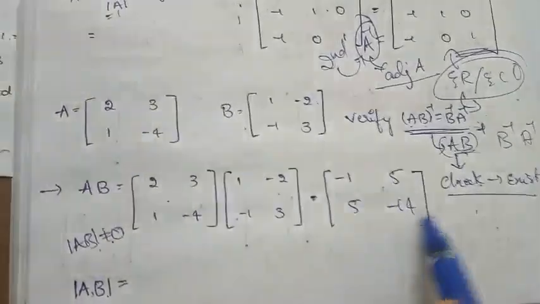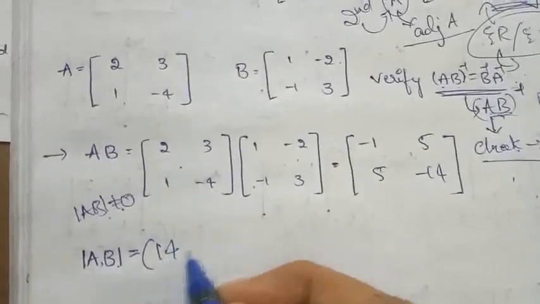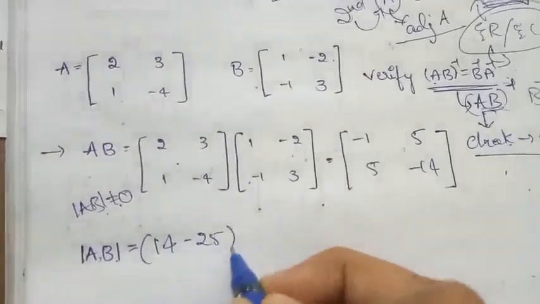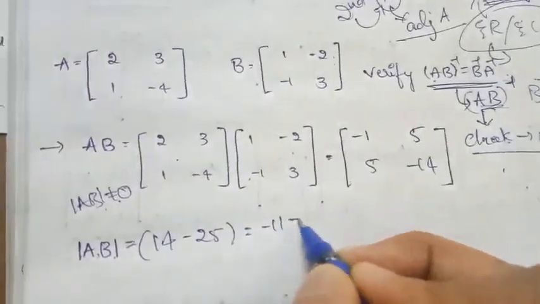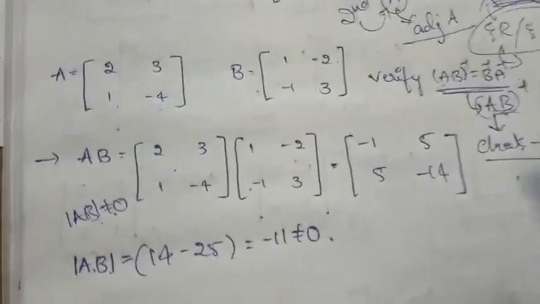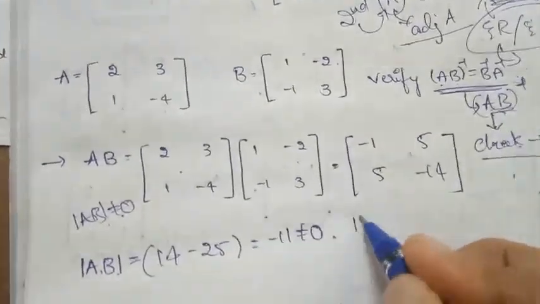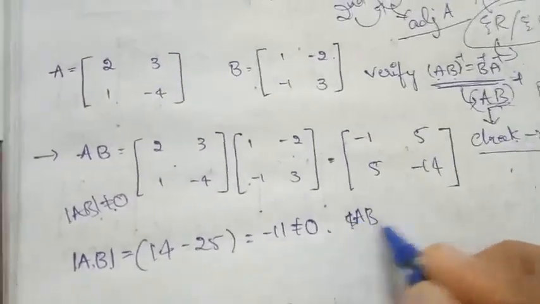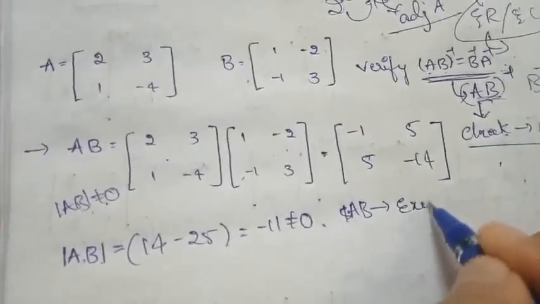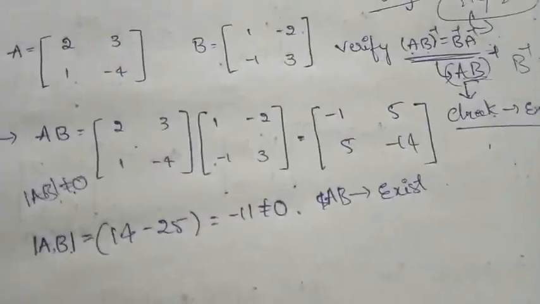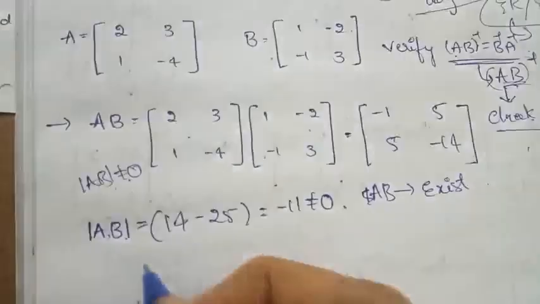So let us find the determinant value. That is 14 minus 25, which is equal to minus 11, which is not equal to 0. Therefore the inverse of AB is going to exist. How are we going to find the inverse?